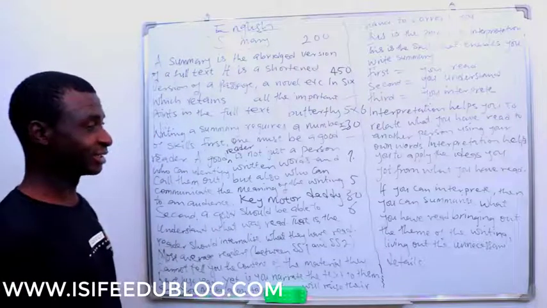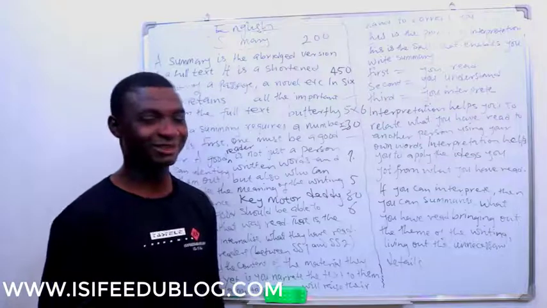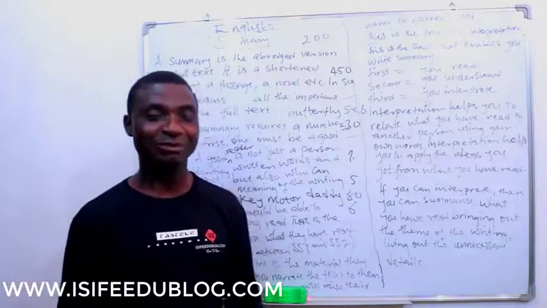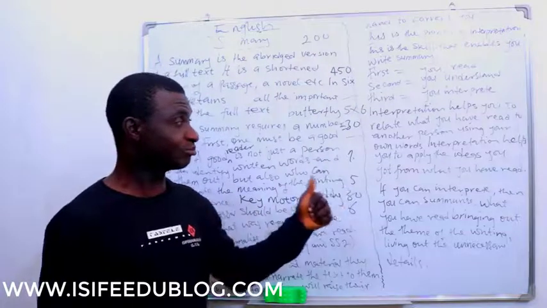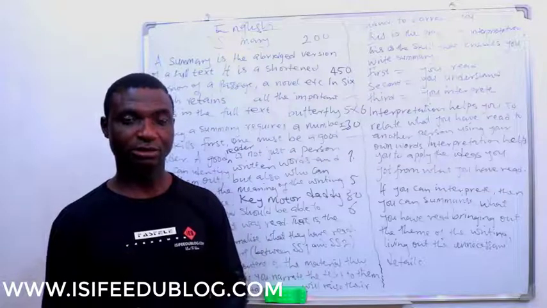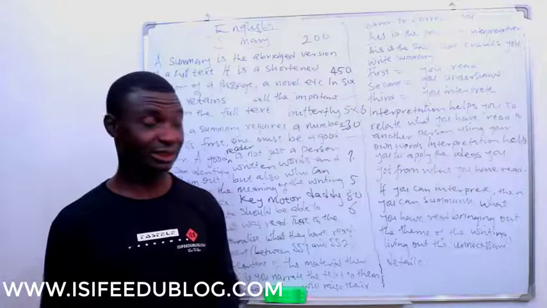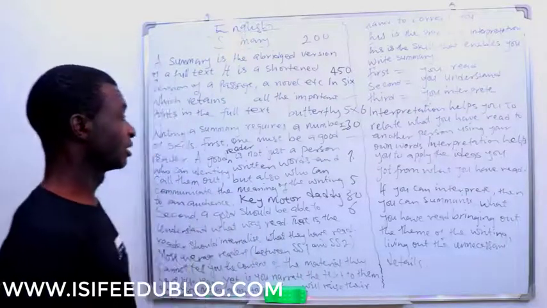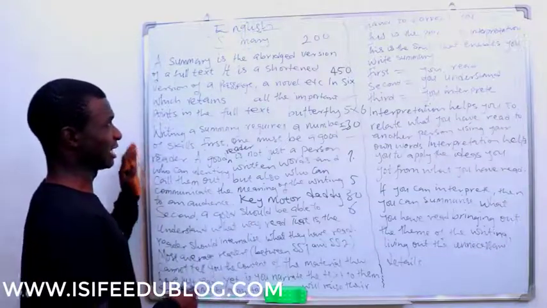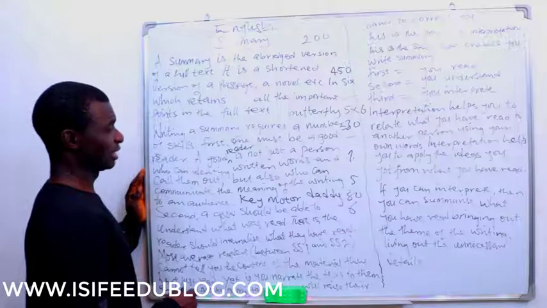Because honestly, some things are easy, but are the most difficult. Summary is the easiest way to get marks in the English test. We talked about it in our letter writing lesson.